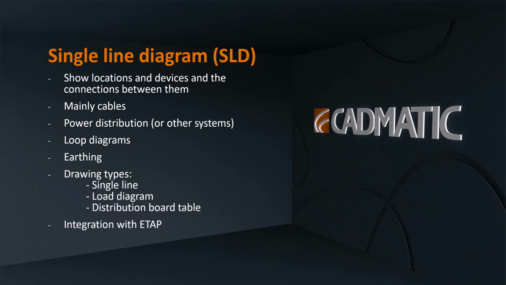That's also something you can do between Electrical and ETAP. I just want to highlight that this ETAP is not a CADMATIC tool. It's only an integration to ETAP, and ETAP is an independent software.